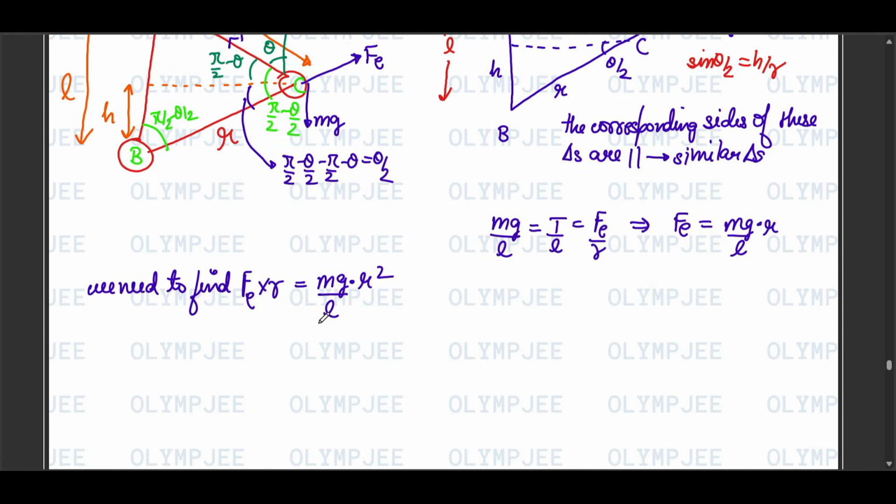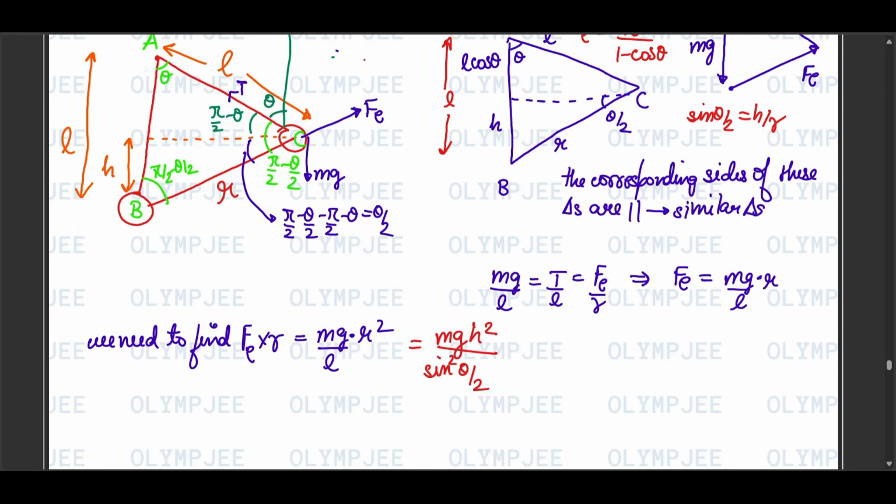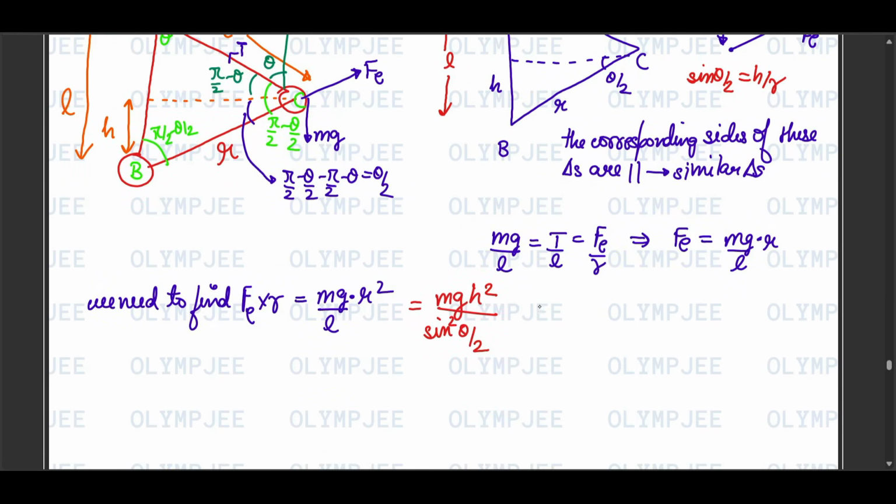So I am writing R in terms of H and L in terms of H. So this will become mg. R will become H square by sine square theta by 2, and L will become H by 1 minus cos theta.